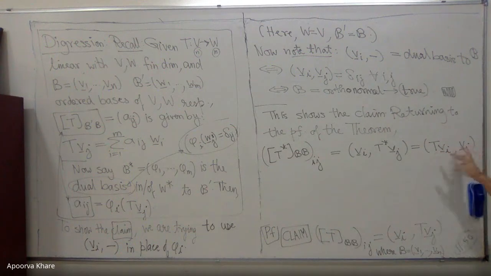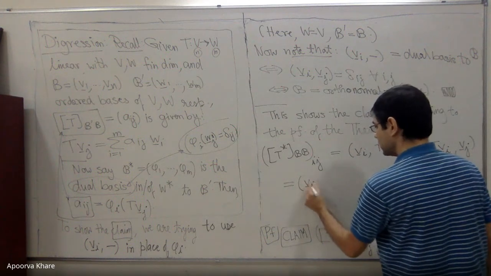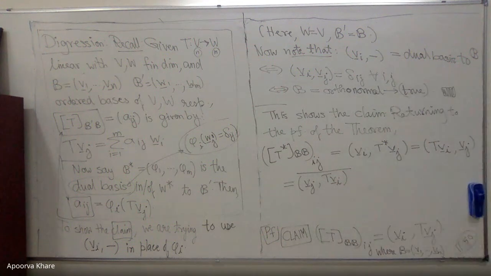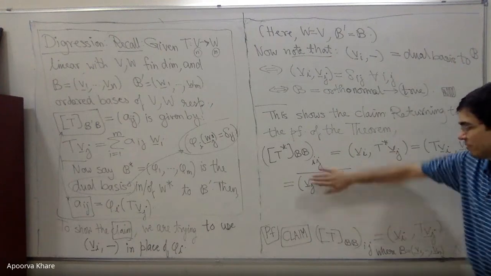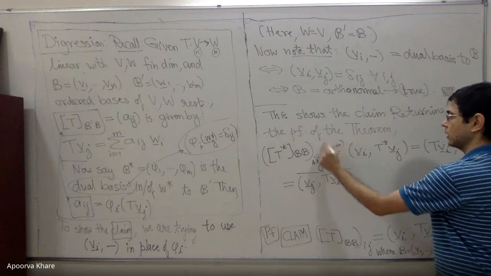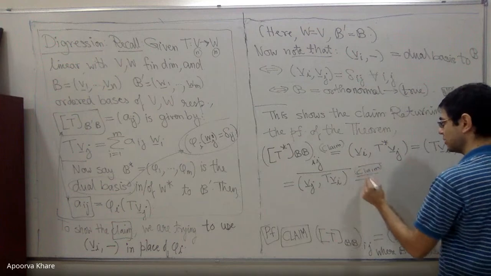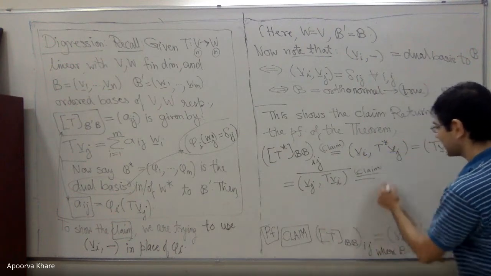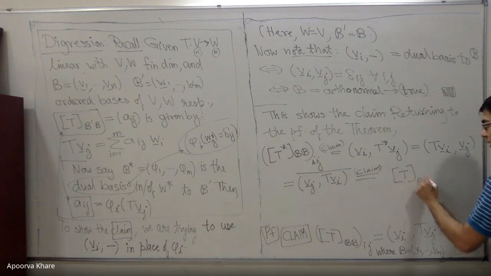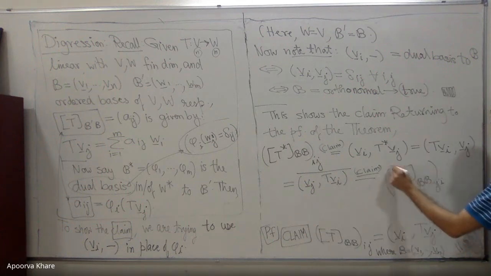But now again, I flip them back using the inner product: ⟨vj, T vi⟩, but I must take a conjugate. And now what is this? By the exact same claim, this is exactly the ji-th entry of the matrix of T, and then the conjugate.